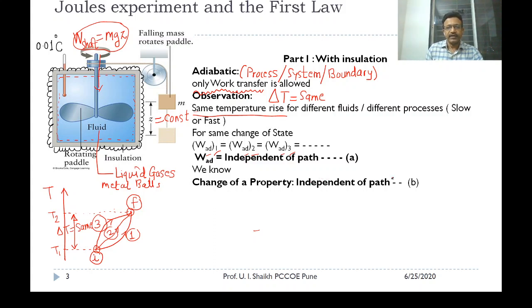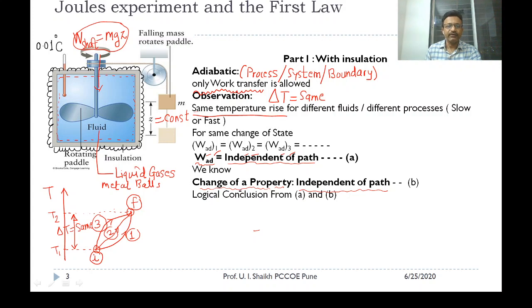So this is the second statement, which I am calling statement B. If you compare statement A and statement B, you will find that the right hand sides of both the statements are the same: independent of path and independent of path. So the logical conclusion you can draw from these two statements is, since the right hand side is same, the left hand sides, that means W adiabatic and change of property, can also be equated.